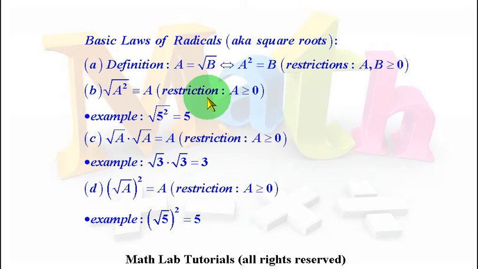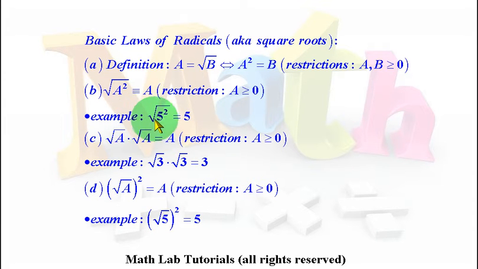Okay, if we don't do that, what happens if A, for example, is -2? We have -2 squared is 4, the square root of 4 is 2, and this would have been -2. And of course that doesn't make sense. So we need to restrict A to be greater than or equal to 0.